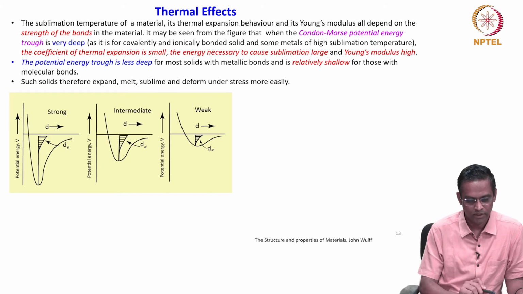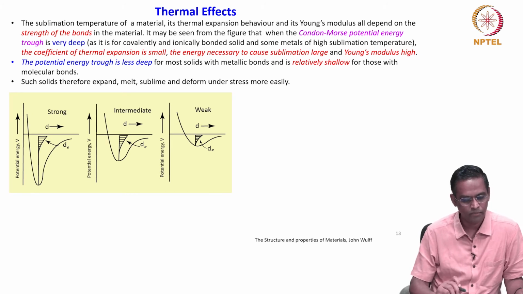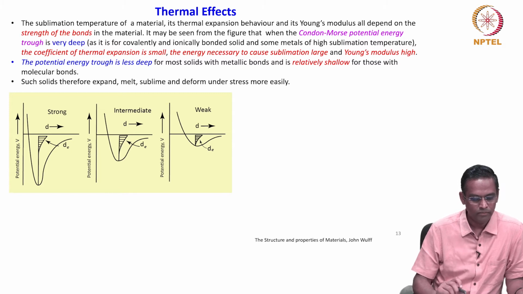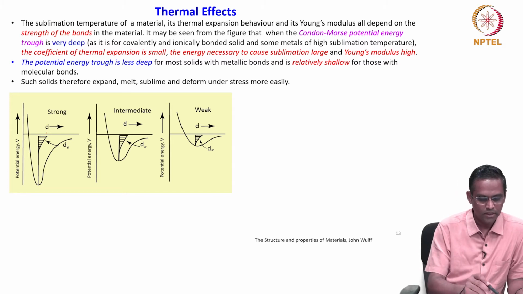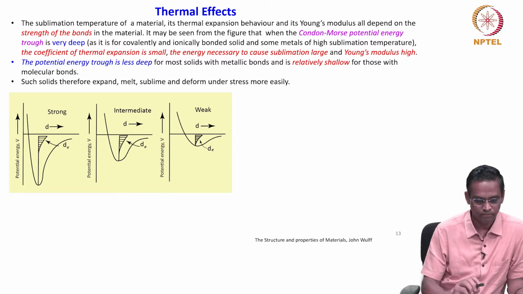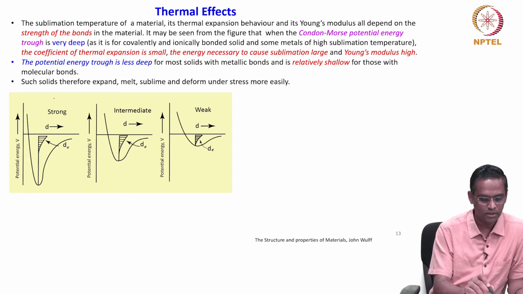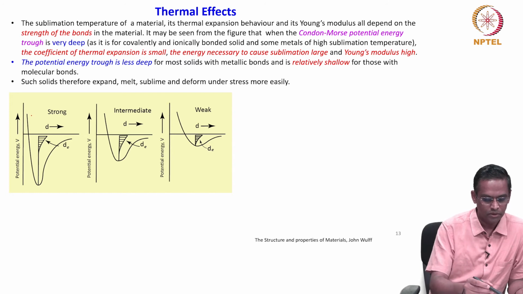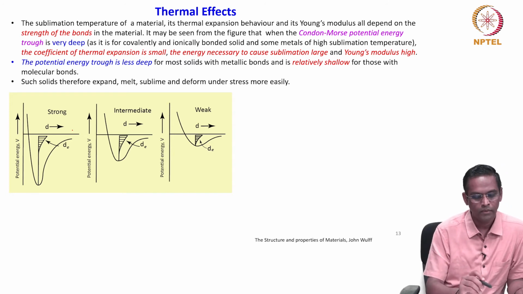yeah, this diagram is an interesting diagram, you can see that. The Condon-Morse curve is of a different nature here. What is written here is strong, that means very deep. So, the trough is very deep.